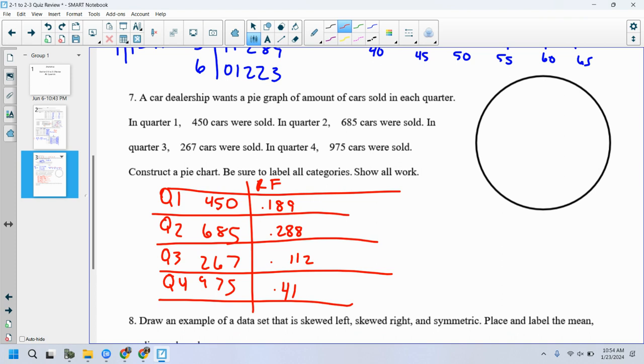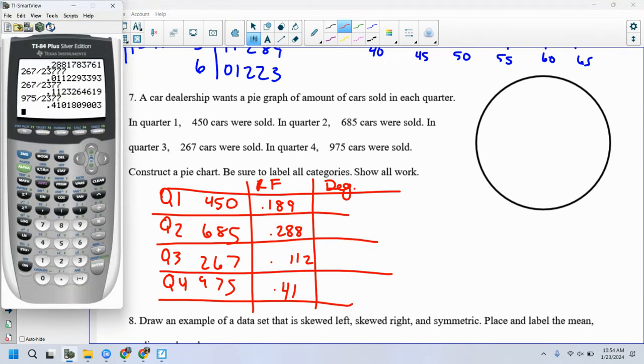Okay, next column I need to make is the degrees of the circle that I need. So I'm going to multiply each one of those by 360. So 0.189 times 360, 0.288 times 360, 0.112 times 360, 0.41 times 360. I hope I didn't make any mistakes plugging those in.